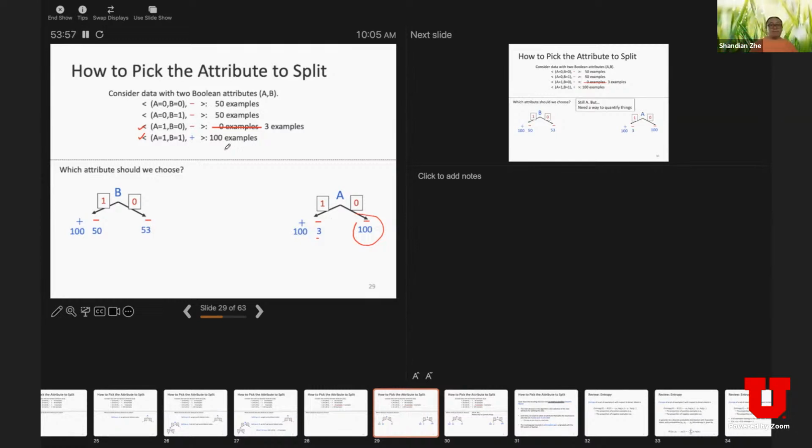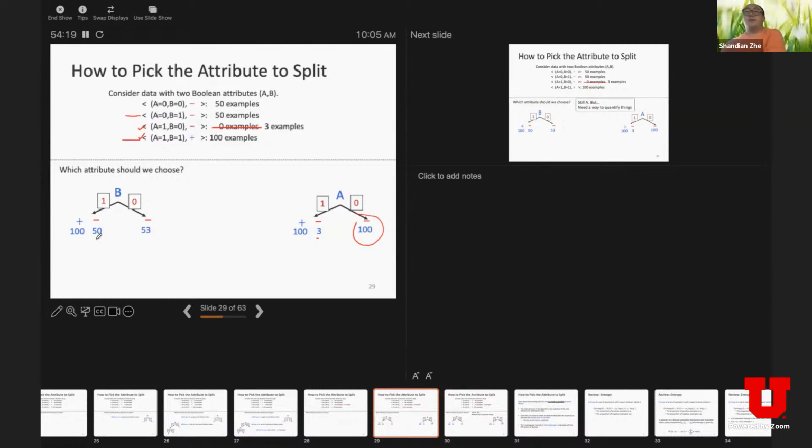As a comparison, if we use B to split the data set, what will happen? When B equals 1, it should be here and here. We get 150 examples where 100 are positive and 50 are negative.